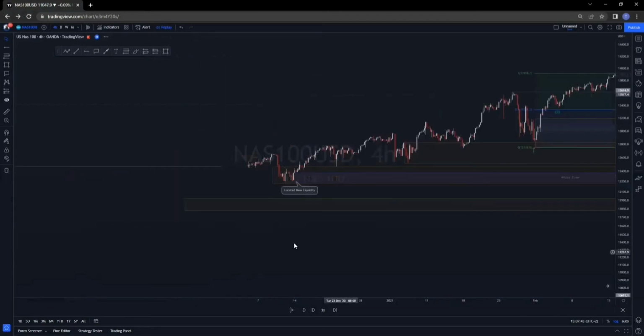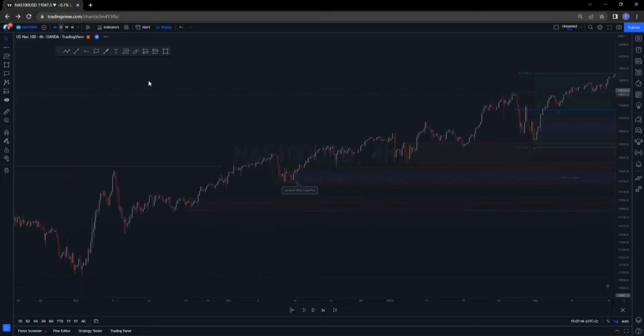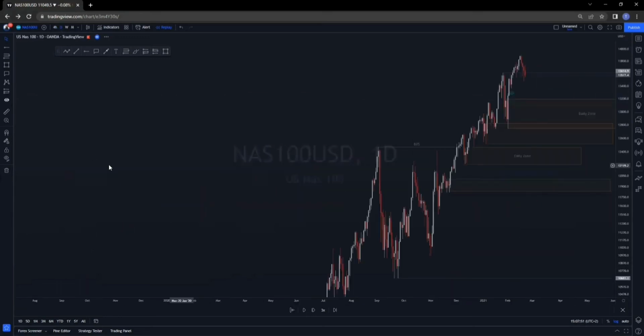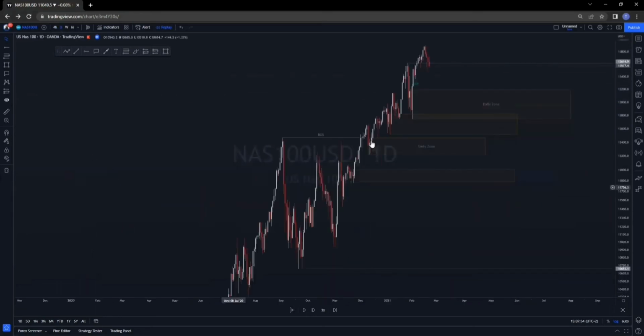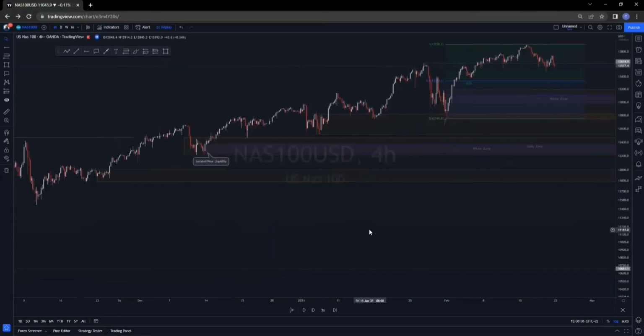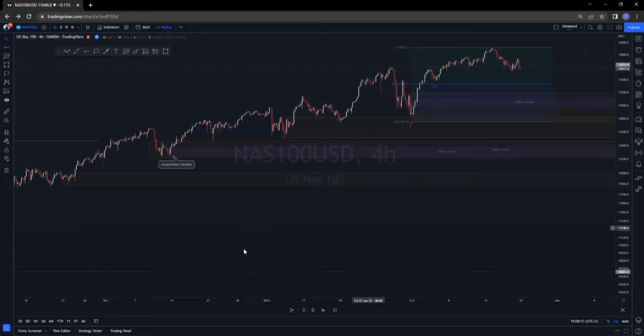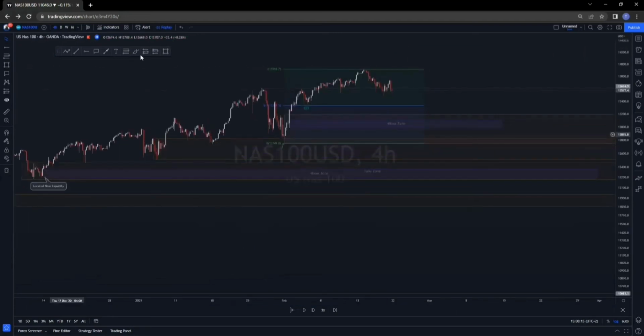Another zone that I think we need to look at if we go to the daily is this one over here. I don't know if this one is the other one, but yeah, we'll get into that. So the first place where I place my limit order is this one.